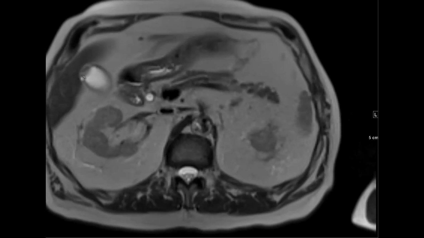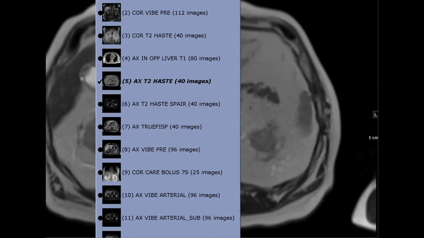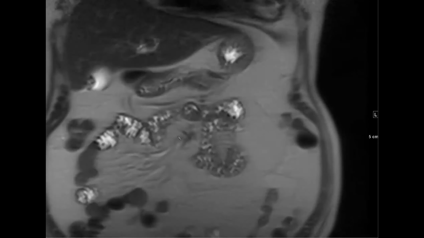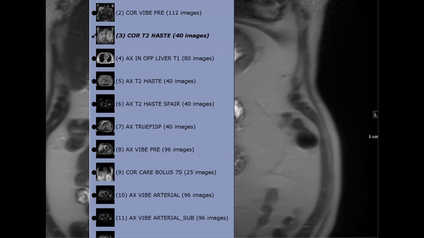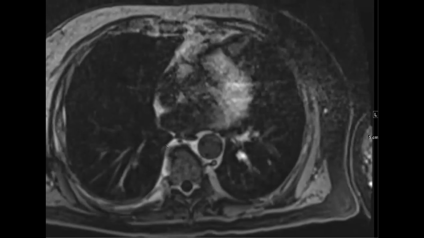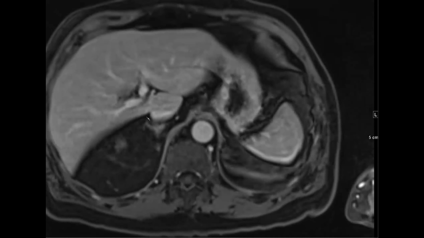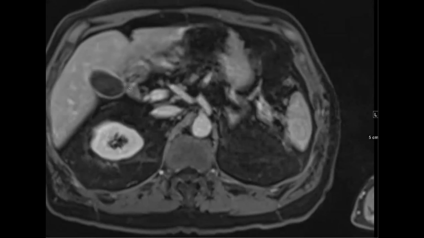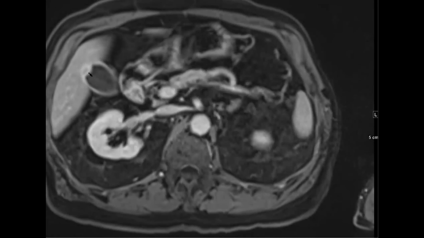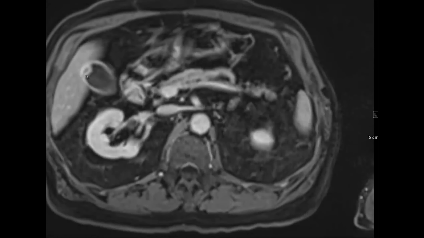So that was the lesion. You've got a little cystic space here, and some tiny little cystic spaces here with some T2 dark areas. And then this is what it looked like on the post-contrast, where you can see the mucosa is nice and smooth over it.